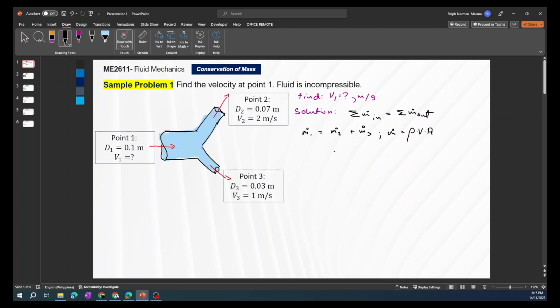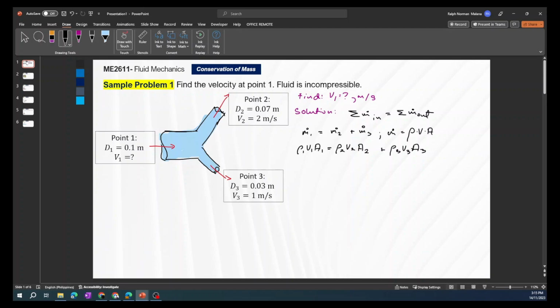Substituting that here, we will have density 1, velocity 1, and area 1 equals density 2, velocity 2, and area 2 plus density 3, velocity 3, and area 3.